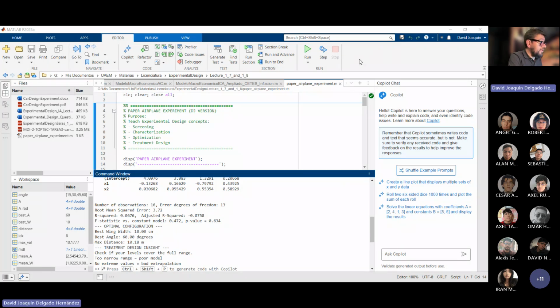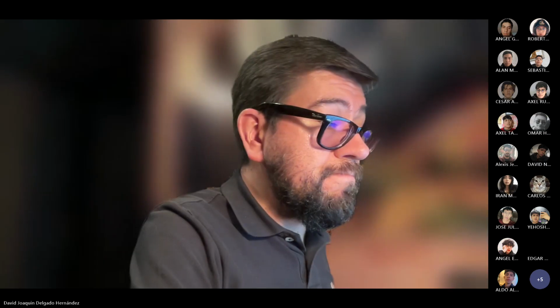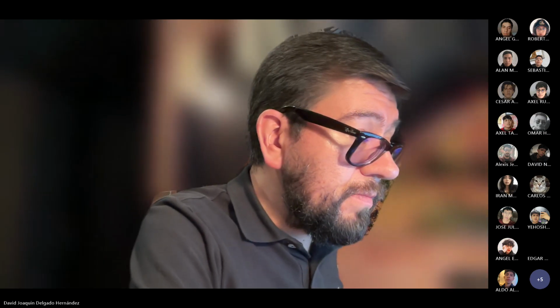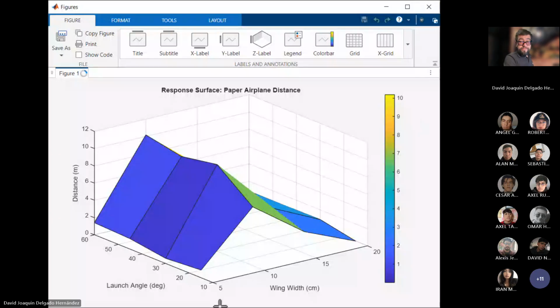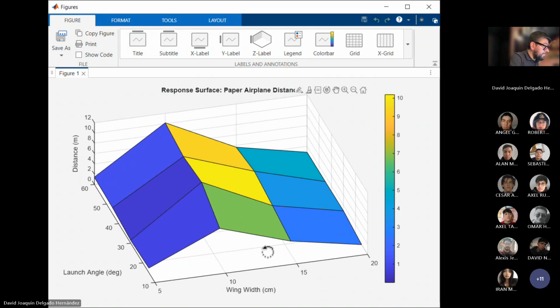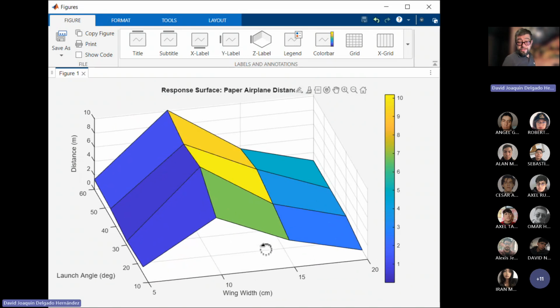Okay, so I am going to show you the result. I am going to share. Look, it has changed, okay? You have more combinations. So let me put this in the Word. And I will explain to you this new figure.